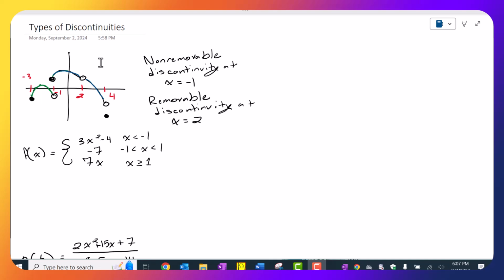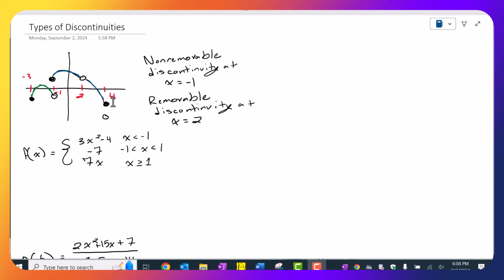Okay, but at 4, we have an open dot, but if I moved this closed dot there and I fill this in, I'm trying to think, there actually should be another part to this graph. But I can't think of what it would be.